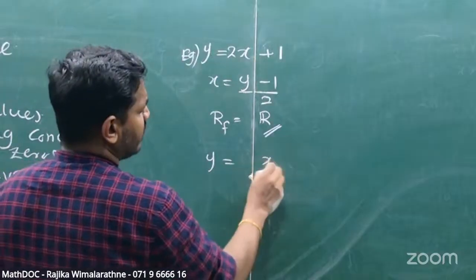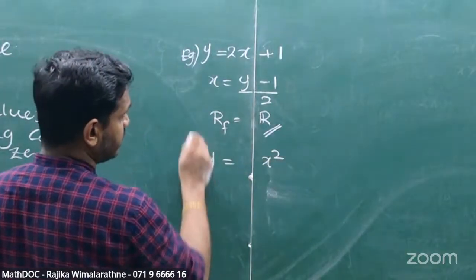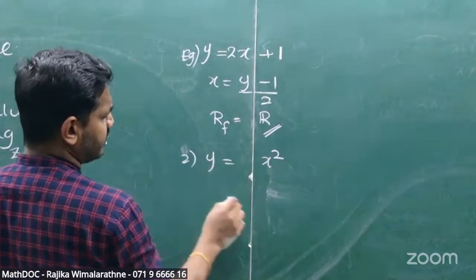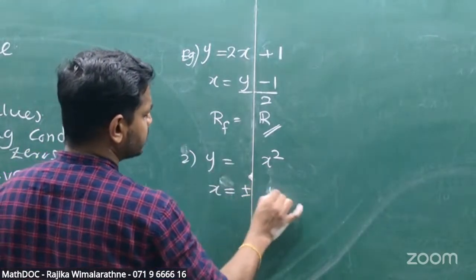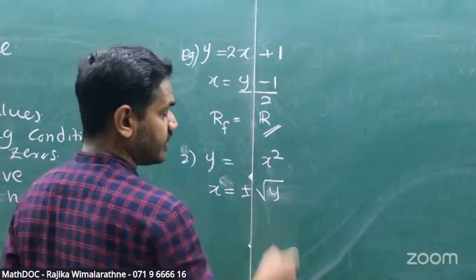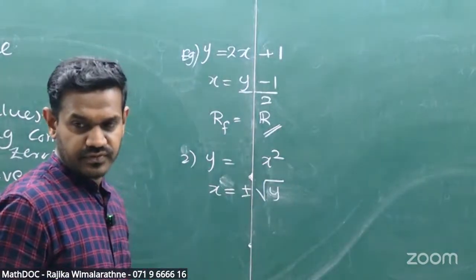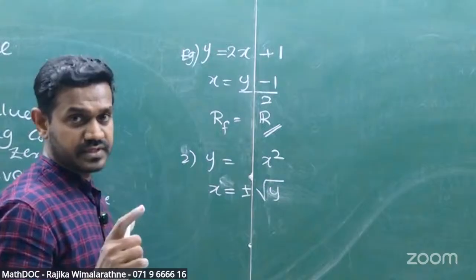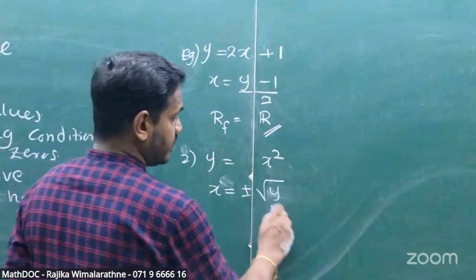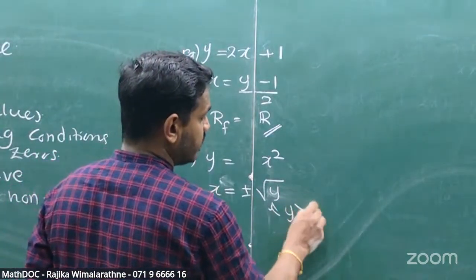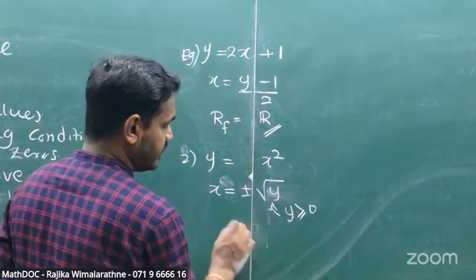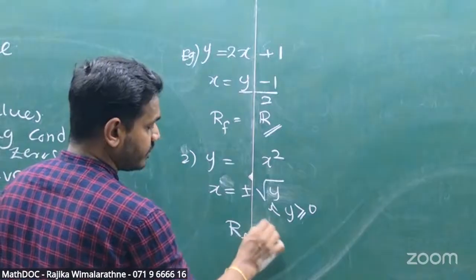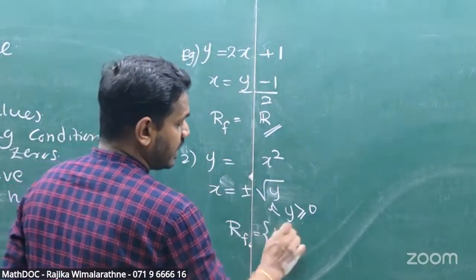Second example: y equals x squared. Make x the subject: x equals plus or minus root y. Now we get a square root value, and I told you a square root value must be positive or 0. Then y is greater than or equal to 0. The range, which we denote by Rf, is y an element of the real set.